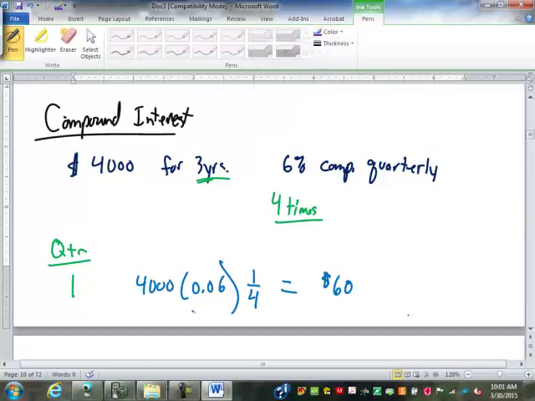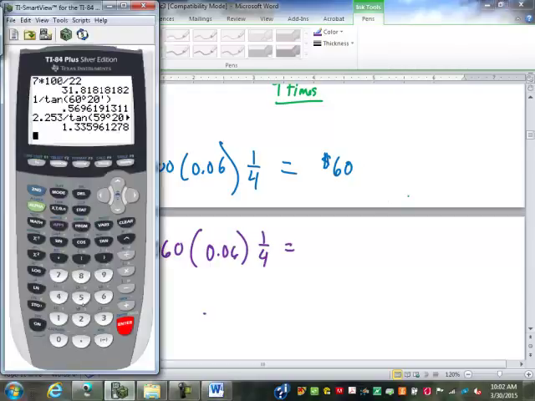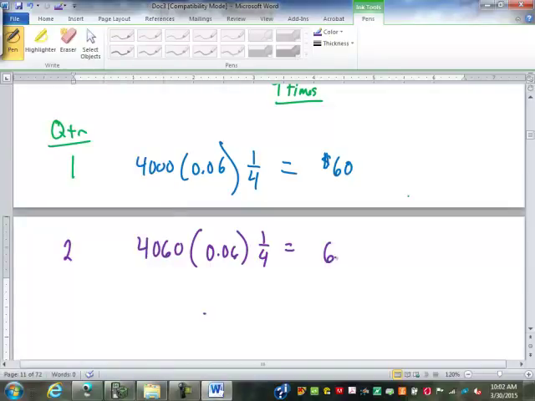Now adding that $60 on means we start quarter 2 with $4,060. So the interest in quarter 2 is 0.06 times 1/4, which means we're going to have what? $60.90 interest.